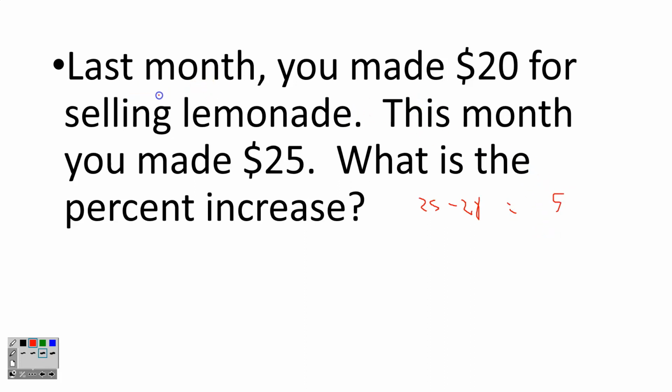The original is what originally happened, which is the oldest, so that would be my 20. So when I type in my calculator, 5 divided by 20, I get an answer of 0.25. I need to remember to multiply that by 100, and I'm going to get an answer of 25%.